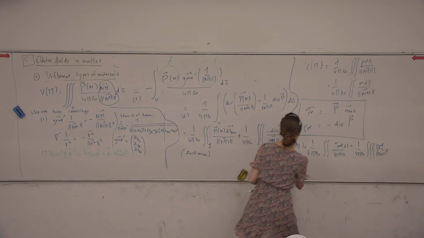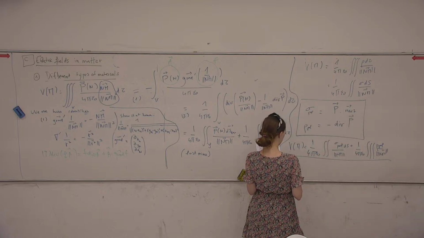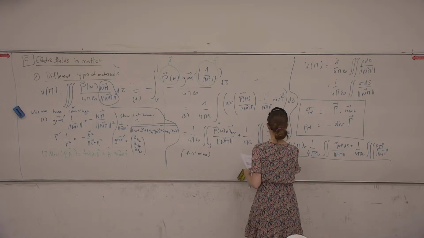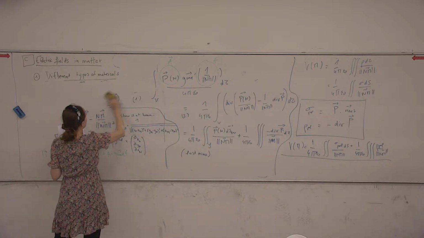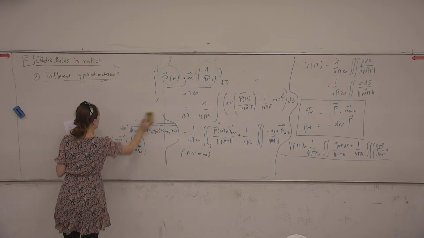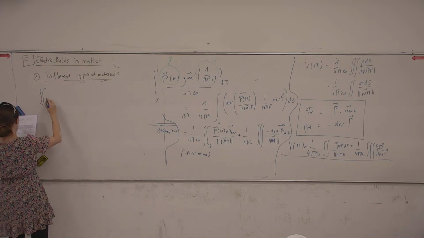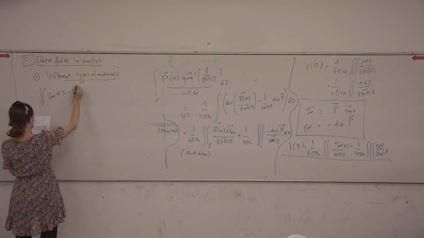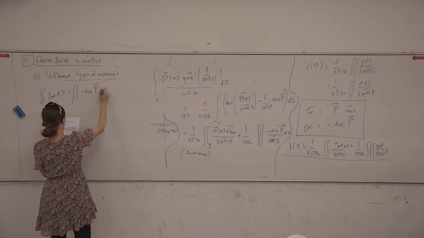And the good news is that rho_pol d tau is equal by definition to minus the divergence of P d tau.